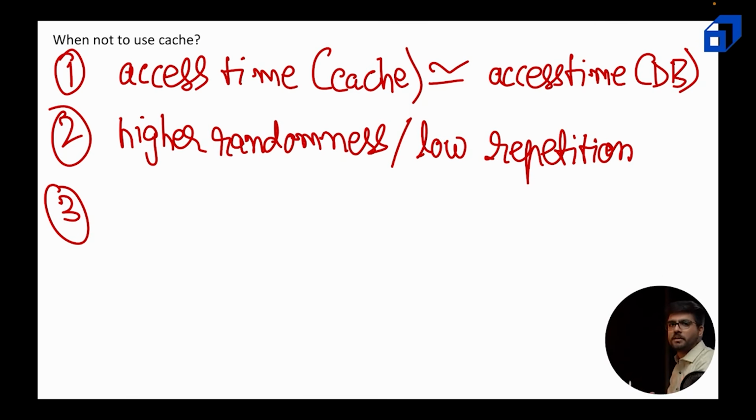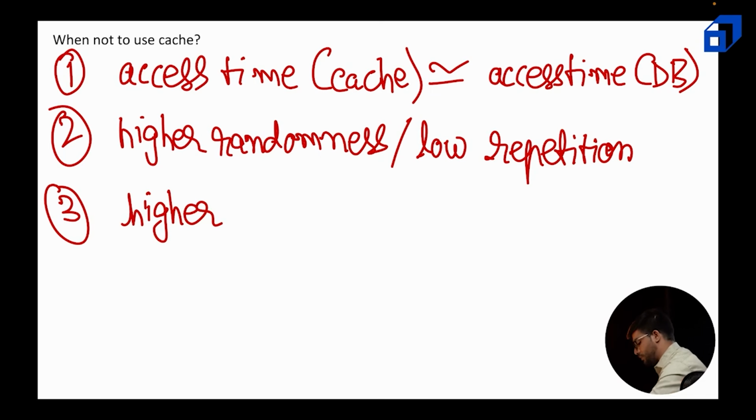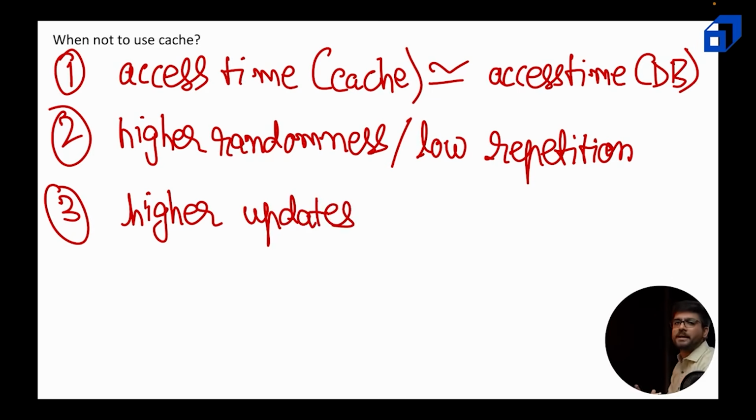So that is also not favorable to us if there is higher chance of the cache data being out of sync. So if there are higher updates, then cache might not be as beneficial to us. So these are three reasons which I feel can influence your decision whether you want to use cache or not.